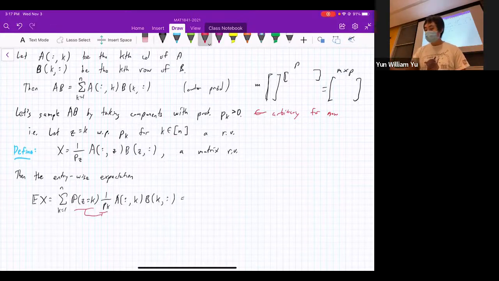So it precisely cancels out. So this is just the sum from k equals 1 to n of this outer product, which of course is precisely equal to the matrix product.